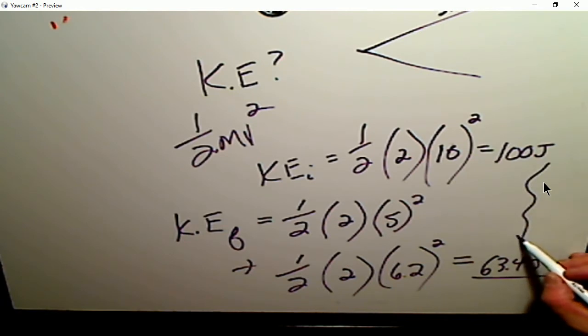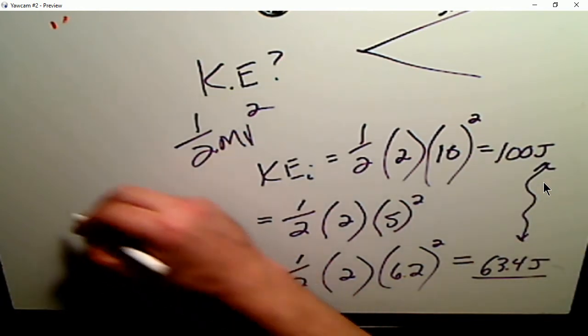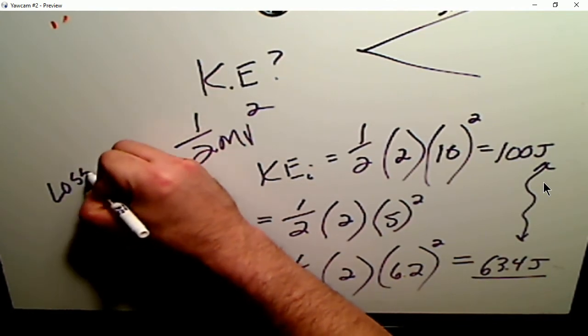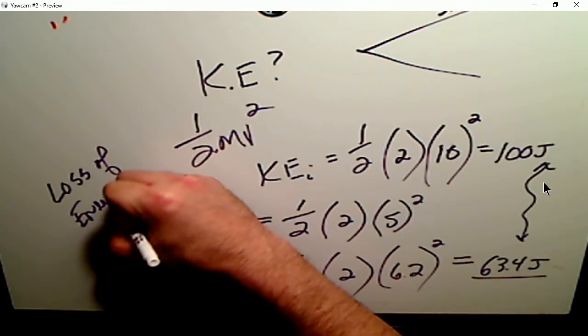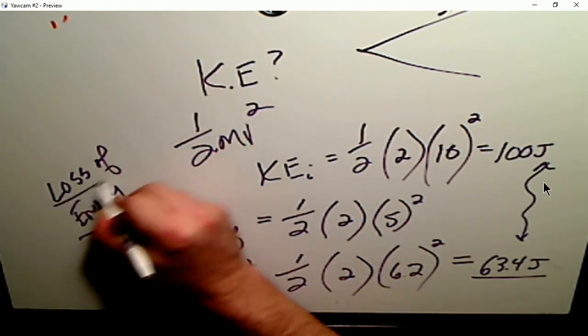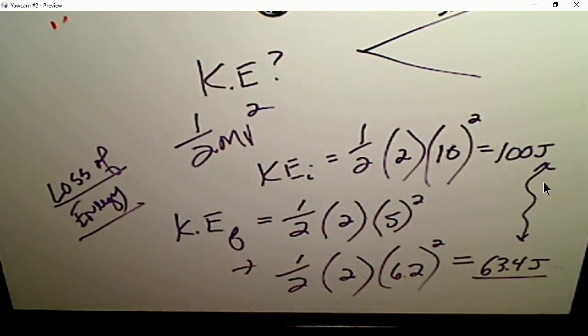Not like the first examples we did, there is a loss of energy. Whether it be by friction or sound or deformation, whatever it might be, a loss of energy in the system.